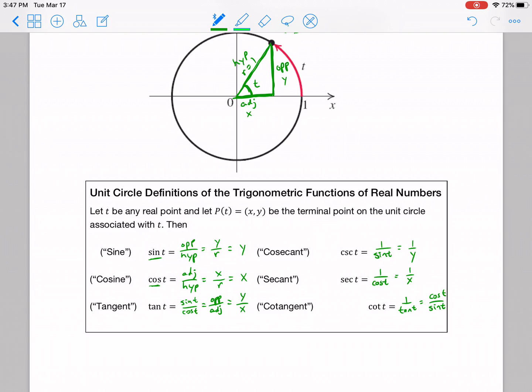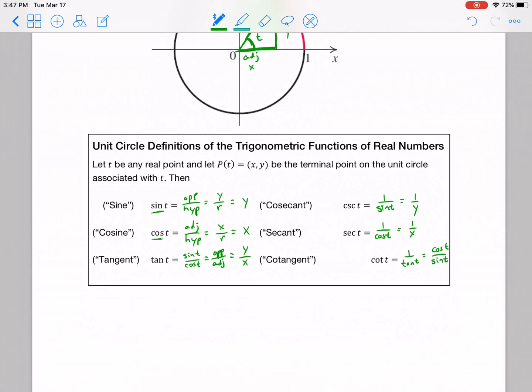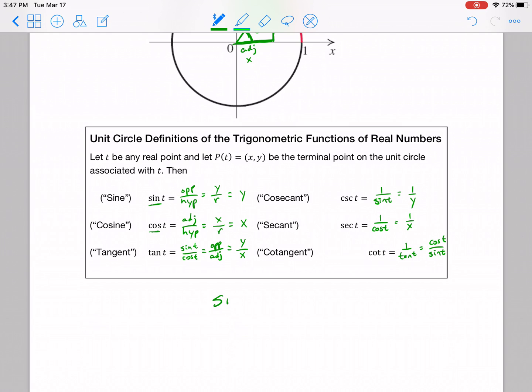Now, each of these things, again, is an operator. It doesn't ever make sense to just have sine written down somewhere or cosine. It has to actually be operating on something. So make sure you're never accidentally writing something like sine equals 5. That one doesn't make sense. You have to have something there. It has to actually have something there to operate on.